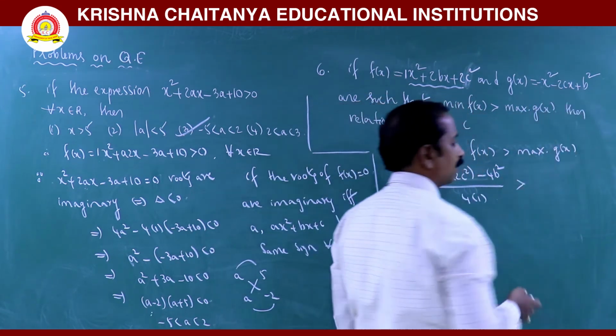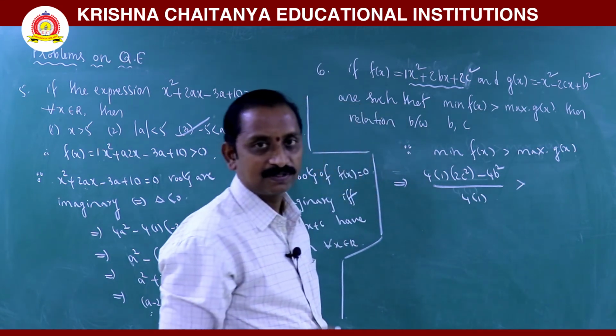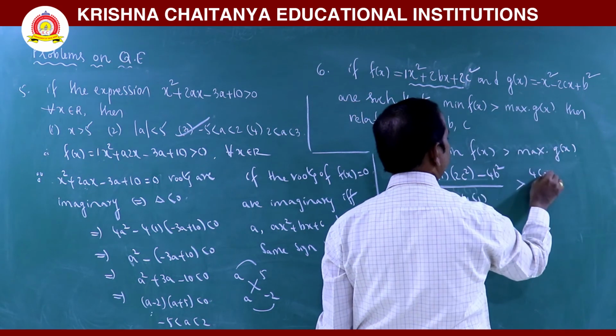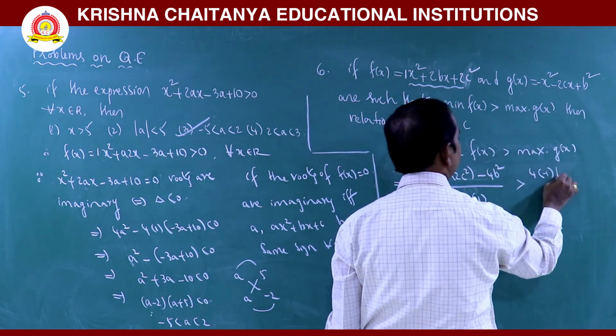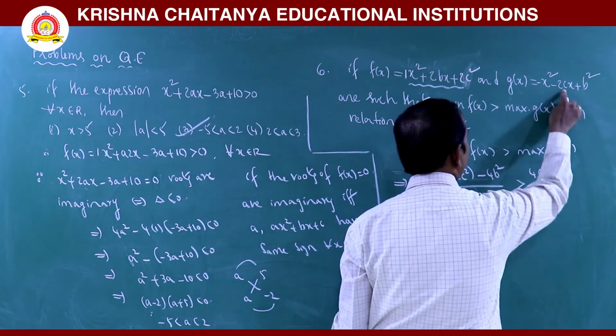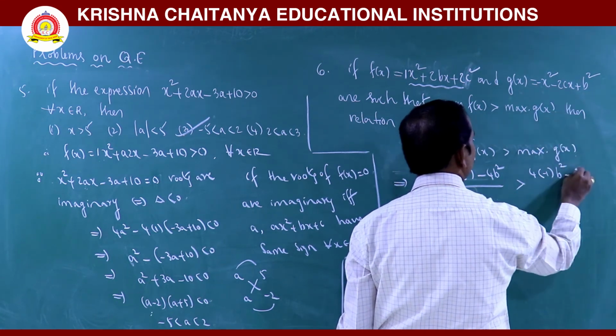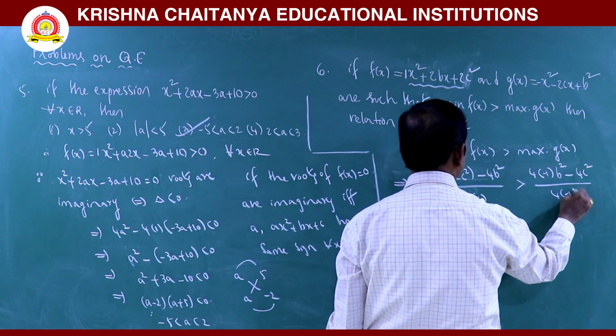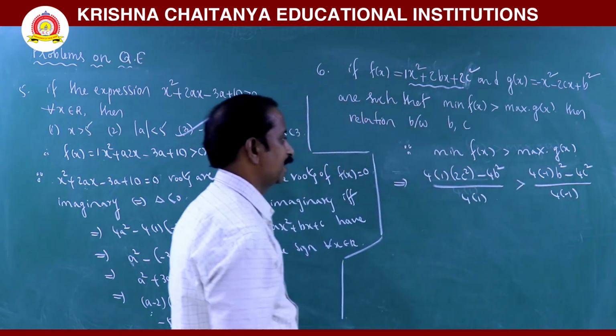Maximum value also has the formula 4ac minus b square by 4a: 4a value minus 1, c value b square, minus b square value minus 2c whole square, 4c square, divided by 4a, 4a value 4 into minus 1.